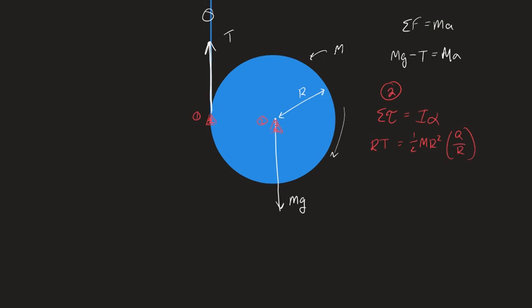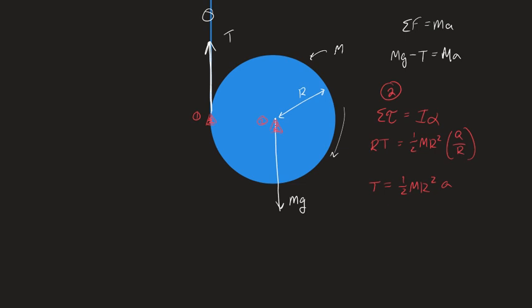It's a disk, 1/2 mr squared. We would get alpha, but I'm pretty sure one rotation of the disk yields a change in position of 1 circumference, so I'm just cutting right to the chase there. And I get T equals 1/2 ma.